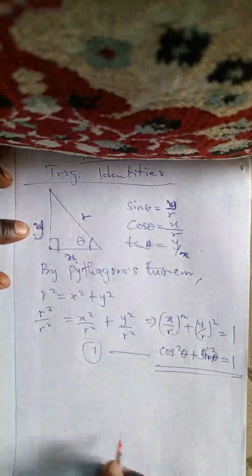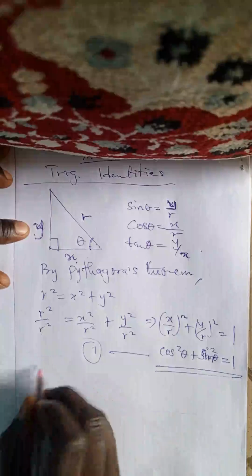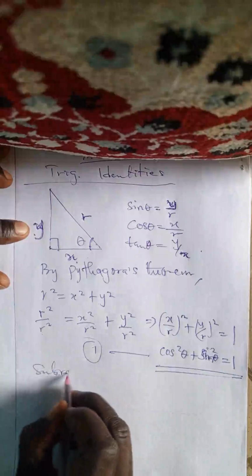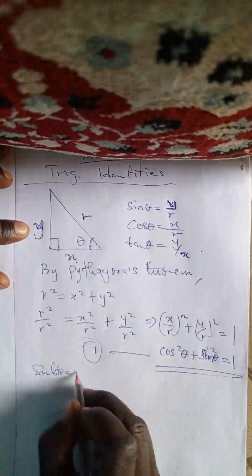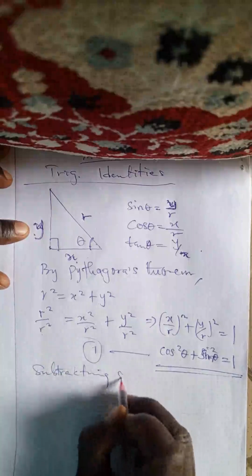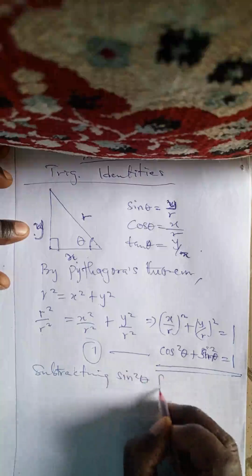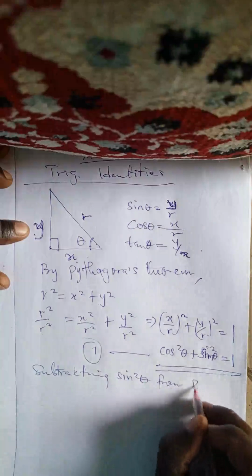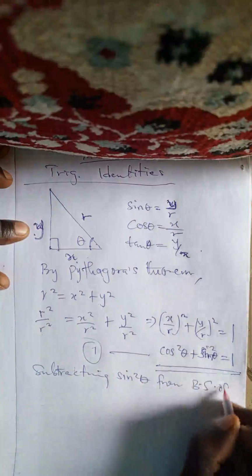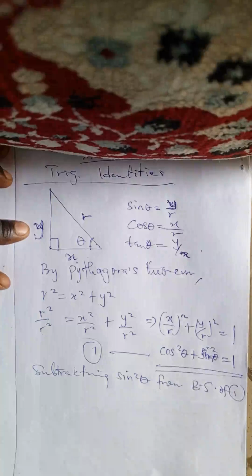Now from equation 1, we can subtract sine squared theta from both sides. So subtracting sine squared theta from both sides of 1, what do you have?